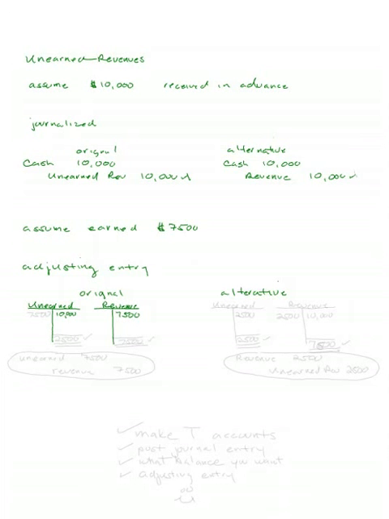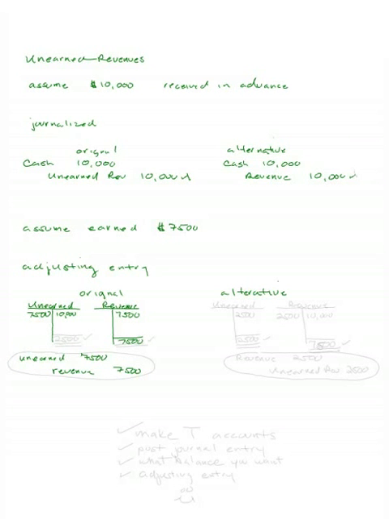And right away you should say, well, I need to take out of unearned revenue $7,500 and put in revenue $7,500 to make this work. And so when I put $7,500 out of unearned revenue and $7,500 into earned revenue, it does what I want it to do. Here's my journal entry, debit unearned, credit revenue.